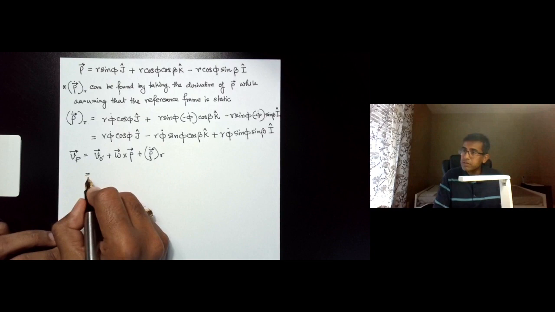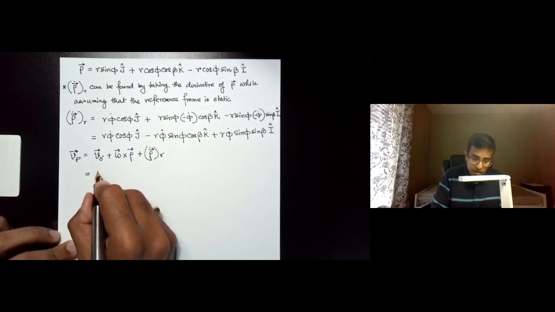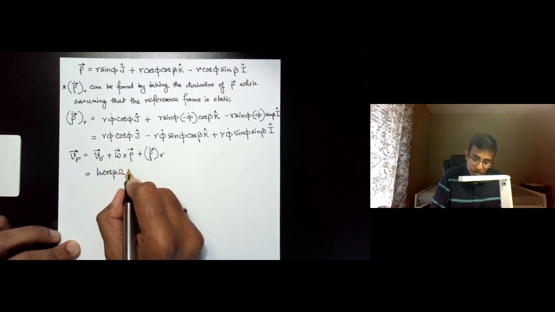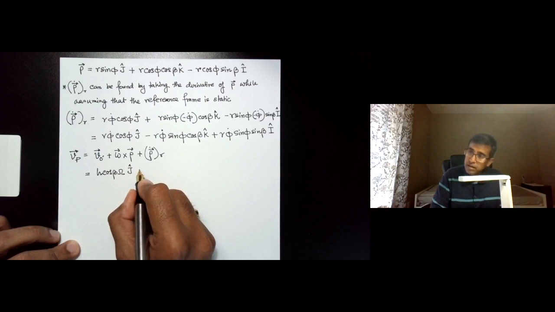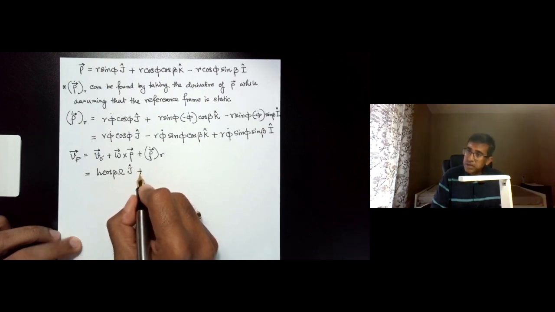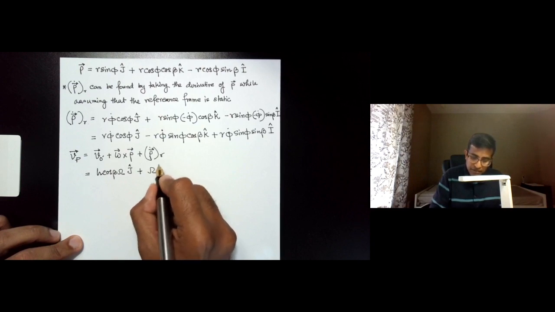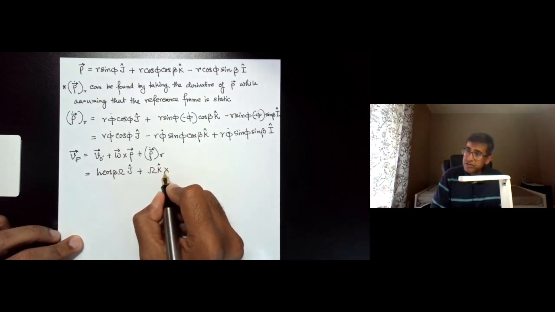My O prime was h cosine beta omega capital J, plus the angular velocity is omega k cross rho.